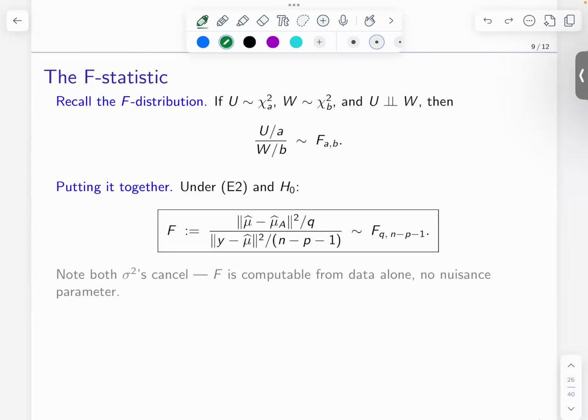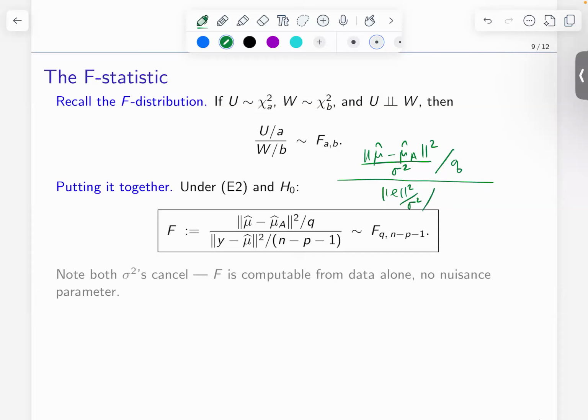Applied to our two quantities of interest, we get that mu hat minus mu hat A squared divided by sigma squared is chi-squared with q degrees of freedom, and is independent of e squared divided by sigma squared.